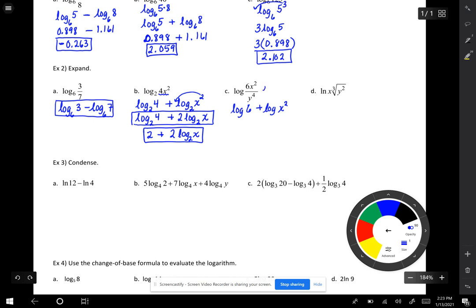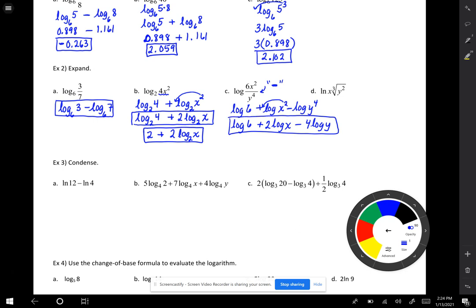And this tells you that you're going to have a minus sign, so minus log y to the 4th. And then anywhere you see a power, you want to bring it out front. So you leave log 6 alone, bring this exponent to the front, and do the same thing for the last one. Okay, I'm going to skip D.